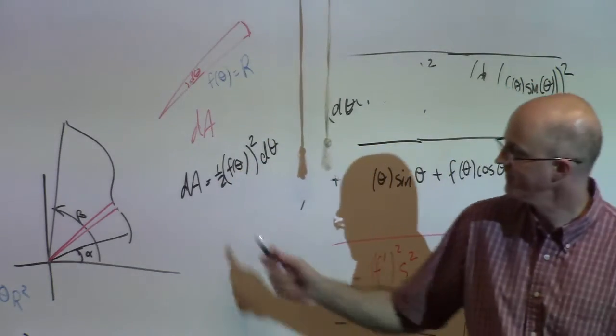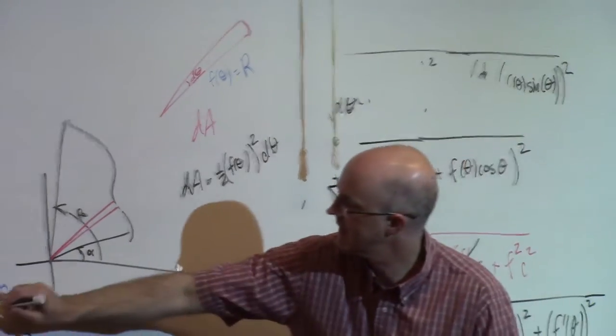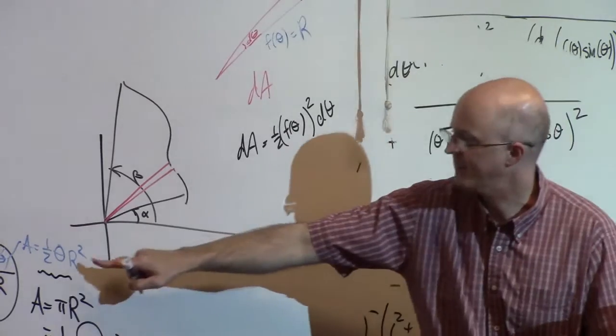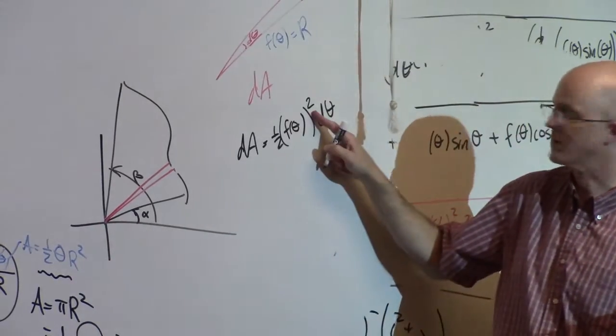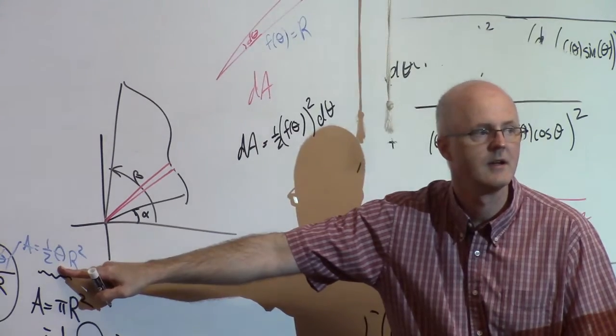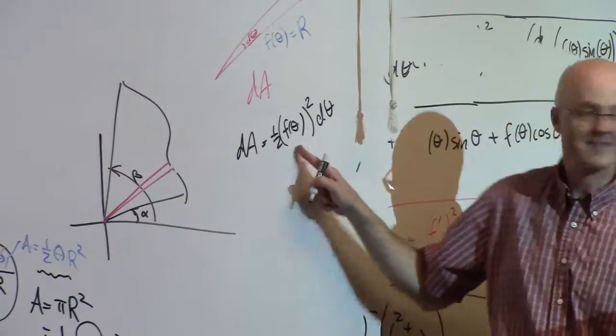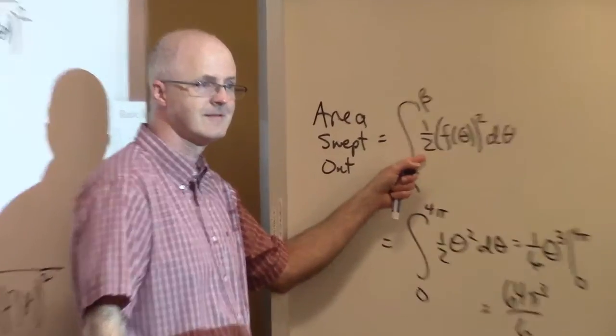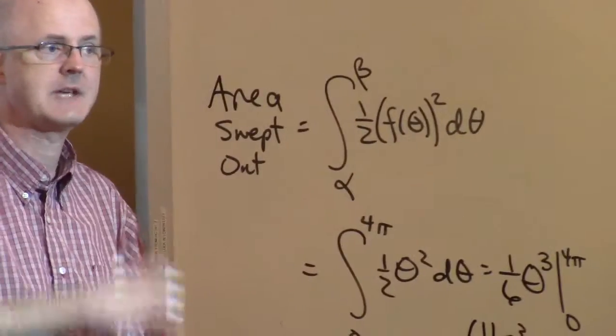Compare it with this thing. Got the 1/2. F of theta is what R is, and that's why that's being squared. And the d theta is like the theta there. And look at that. That's exactly what we integrate over here. Add those up to get the total area swept out.